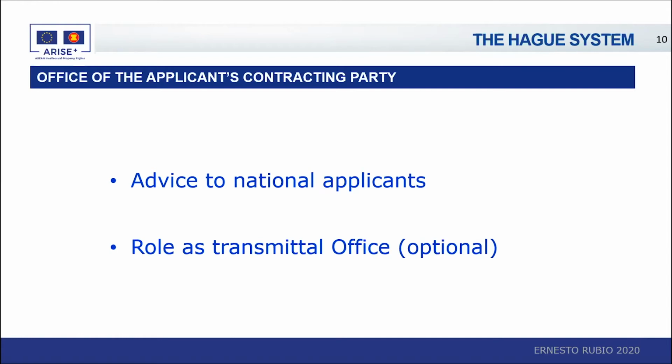First of all, and most importantly, providing advice to national applicants wishing to protect their designs abroad by using the Hague system. And secondly, possibly also acting as a transmittal office. That is an office that receives an international application from a local applicant and sends it to the International Bureau of WIPO for processing. But as we will see, this is an optional function.